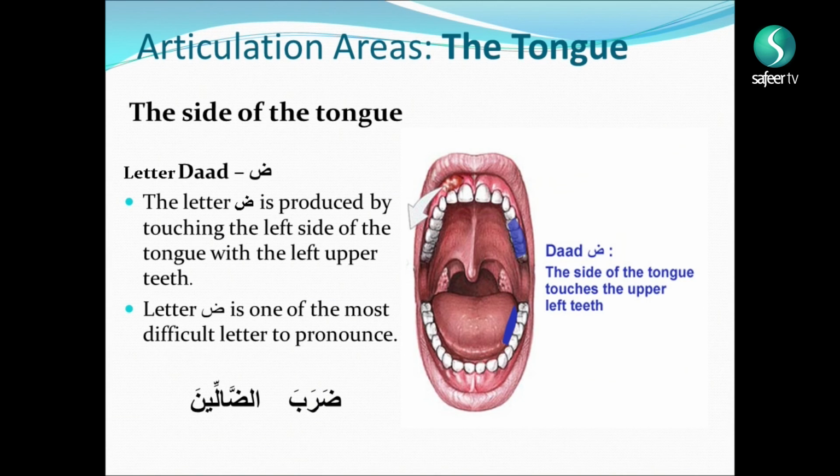The letter Dad is one of the most difficult letters to pronounce, and because of that they call the Arabic language the language of Dad, because you don't have this letter in English, nor in Spanish, nor in French, nor in any other language.